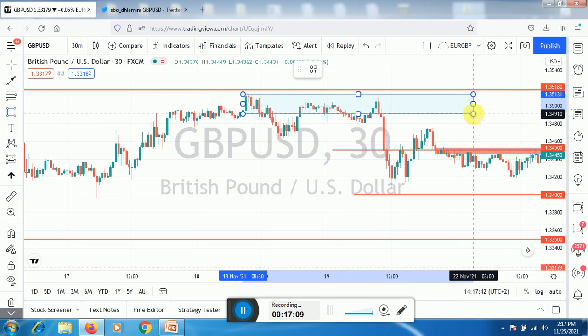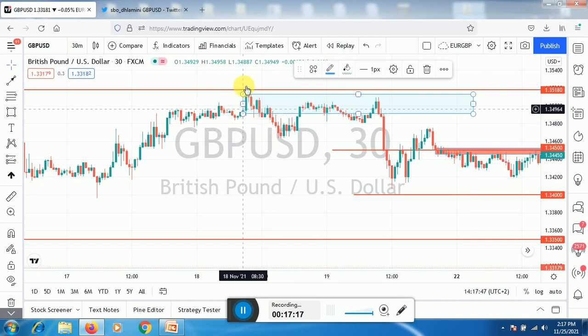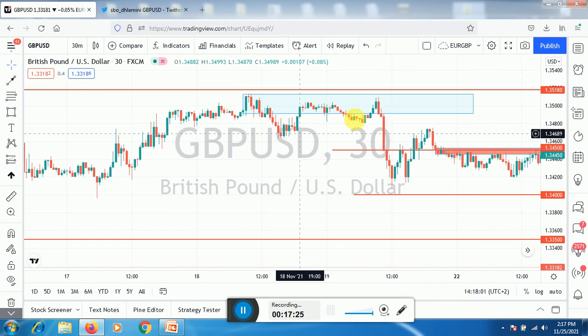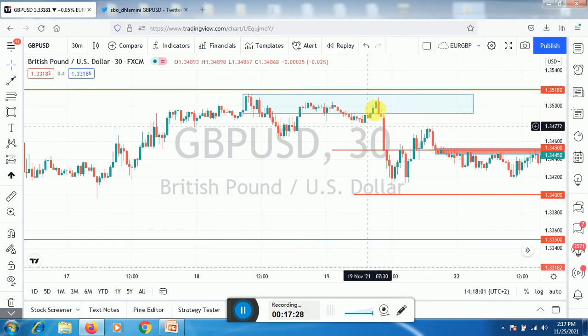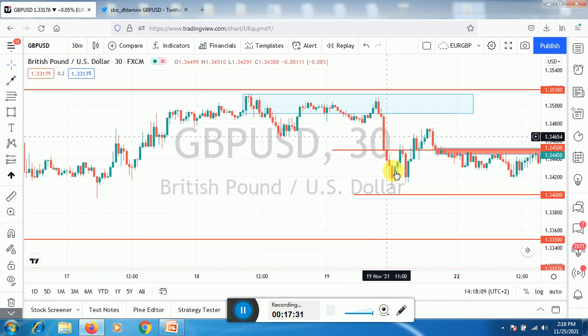Look at what the market did when it went back to this zone. The high and low of this candle, we paused it. This is our POZ zone, as we said before. When the market came back to the zone, it got rejected, and then it traded again back into this zone. It got rejected significantly. So there was an order block.